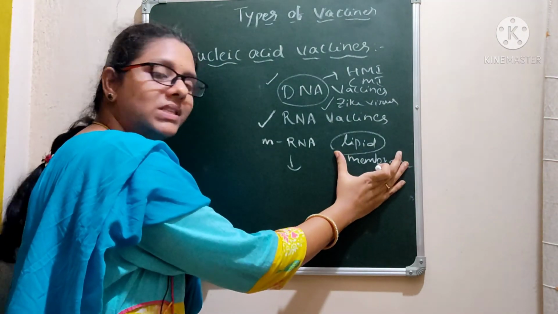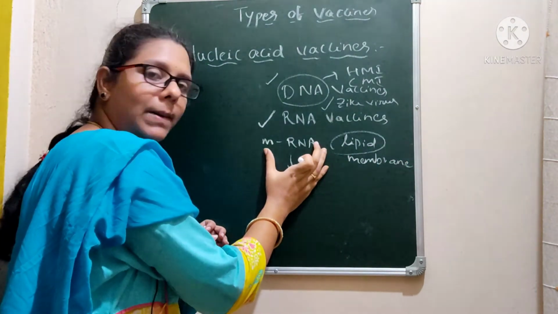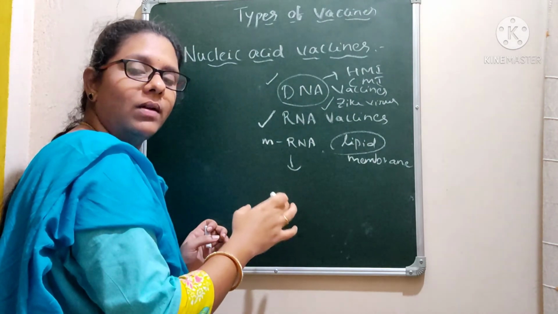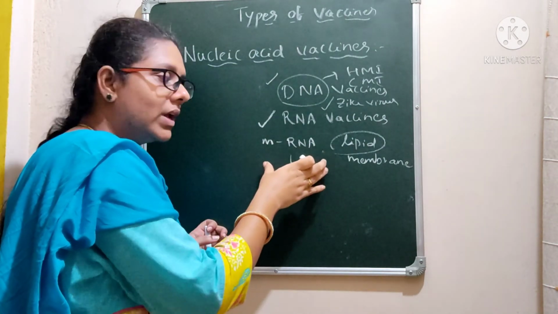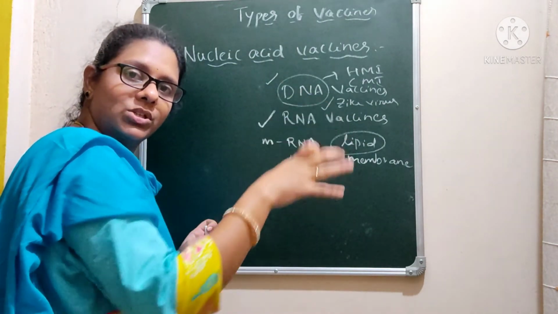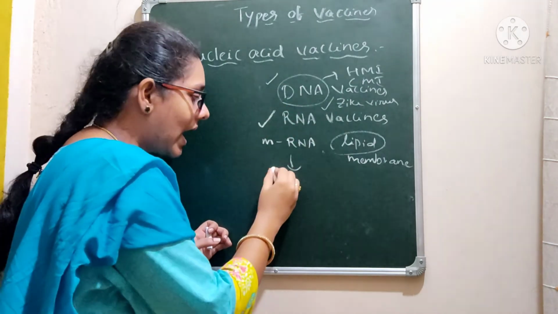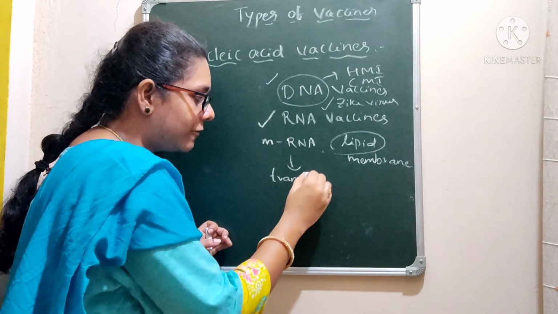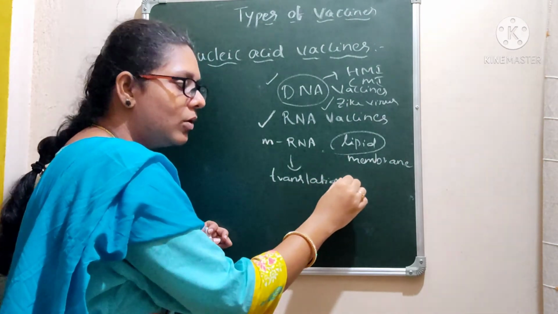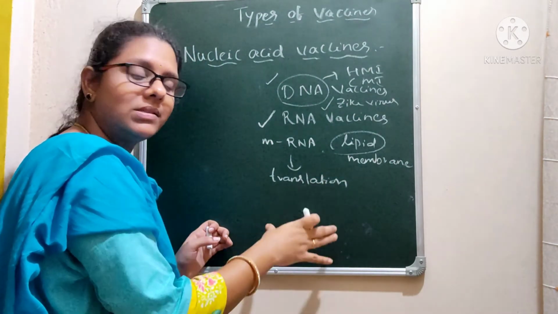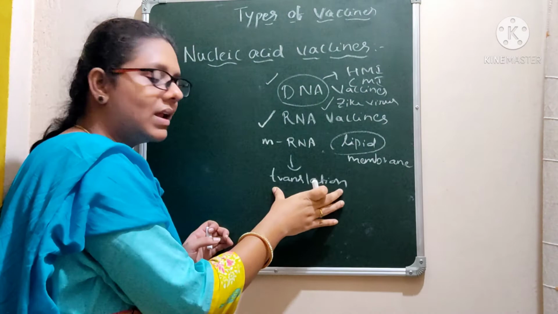With the help of this lipid membrane, once the mRNA enters into the cell, what will this mRNA do? It will utilize all the machinery that is present in the cell, and it will undergo the process of translation. We all know the process of translation, right?